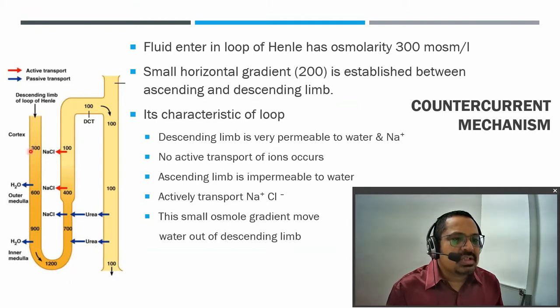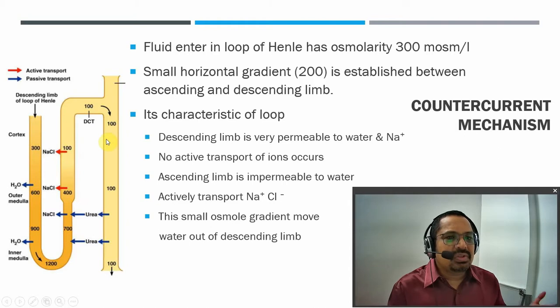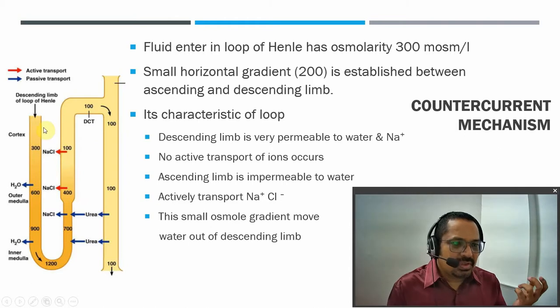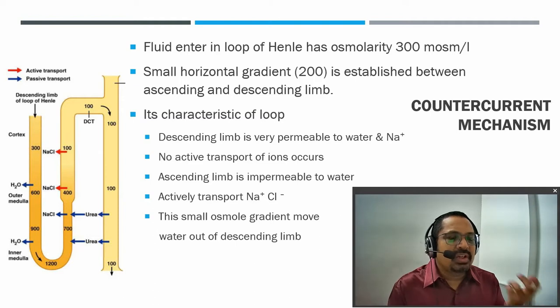The osmolarity is around 300 at the beginning and at the end it is around 100, so this creates a clear gradient of around 200 milliosmolar. The fluid entering the descending limb has an osmolarity of 300, whereas the fluid going out of the loop of Henle is 100.